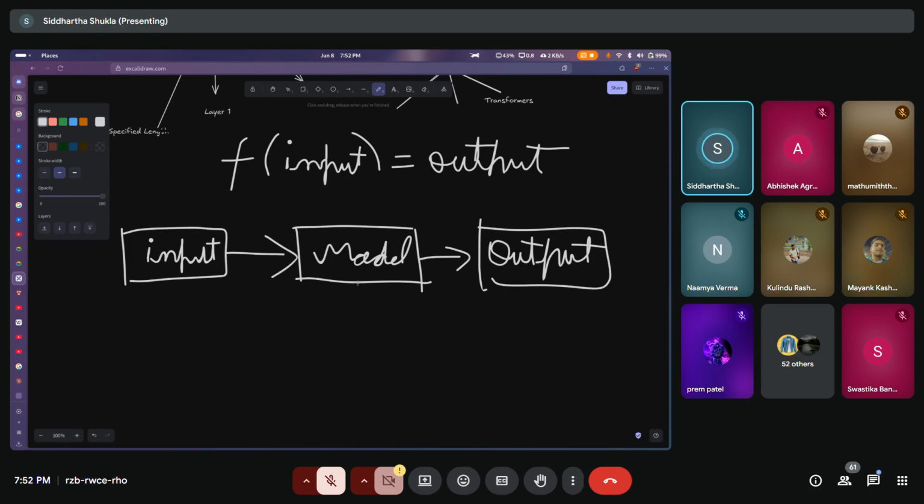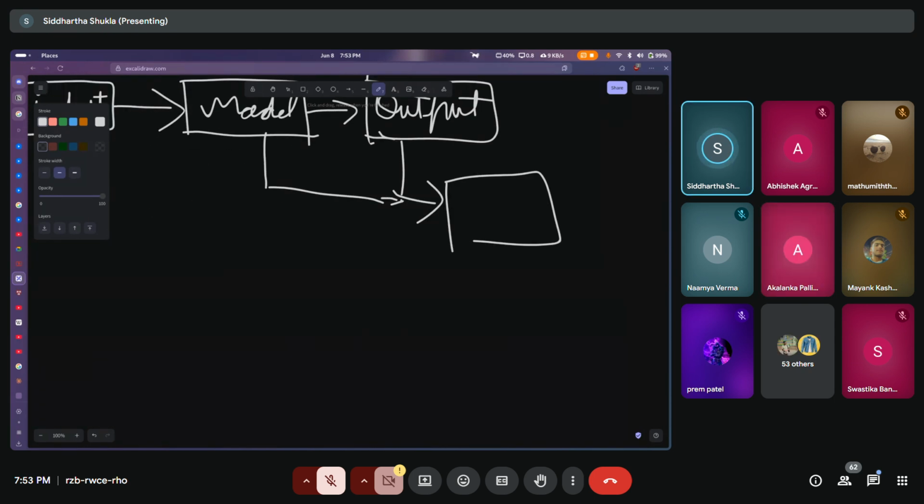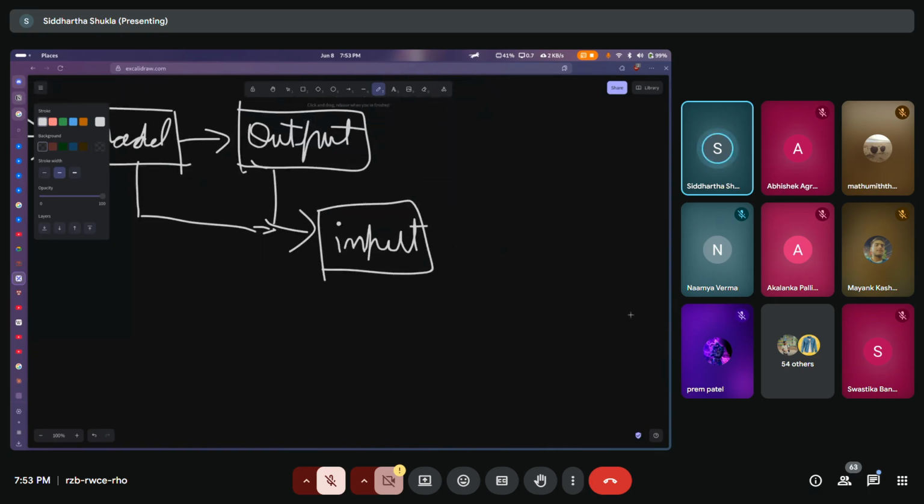Now, what happens in recurrent neural networks? The model takes its output, what the model has learned, and leverages it as the next input for the next token in the network.